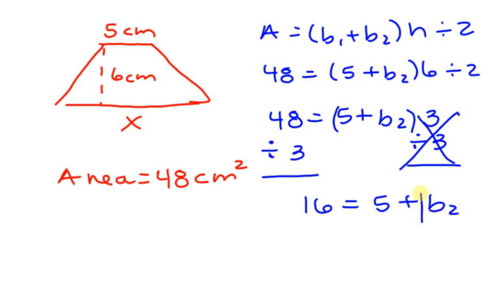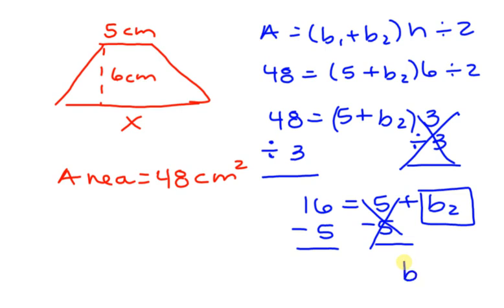Now you have a one-step equation. Box your variable. This is plus 5. Do minus 5, minus 5. These cancel out, and you're left with the second base is 11. And so base 2 equals 11 centimeters.